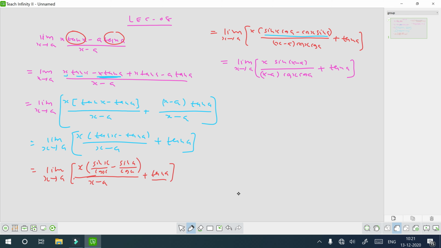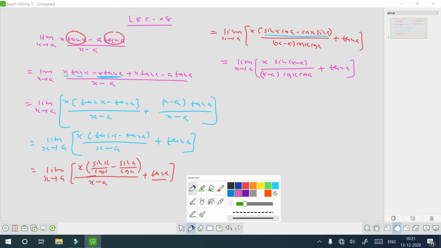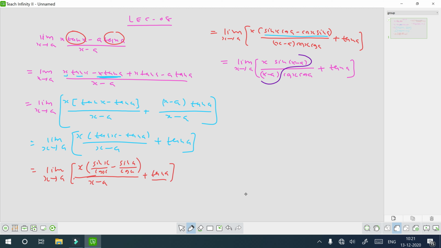Clear? Now see, sin theta over theta comes out 1. So give the limit to that term first of all. Which one? Limit sin(x minus a) over x minus a, x minus a tends to 0 for this part.